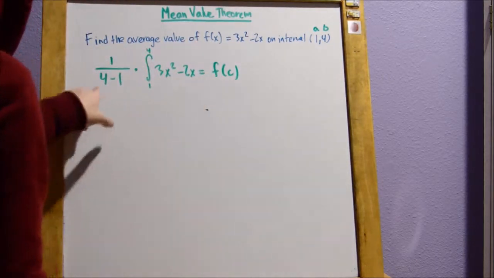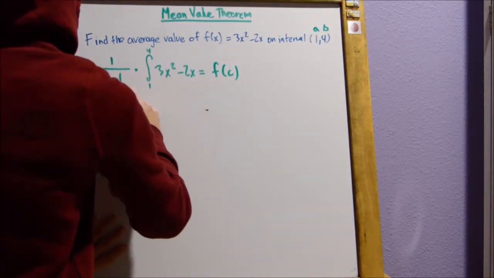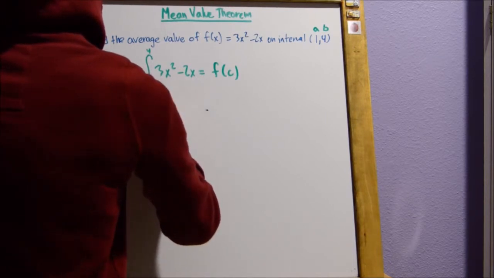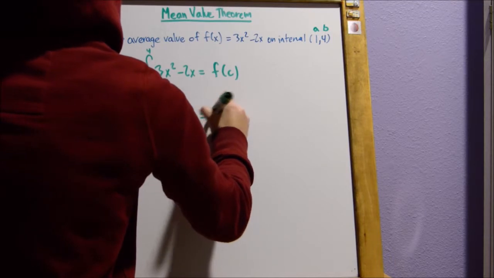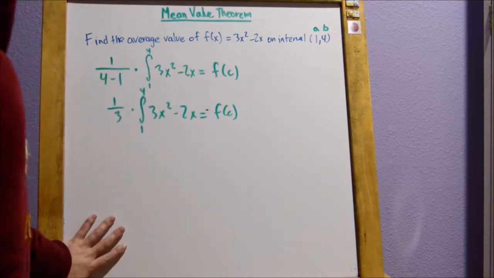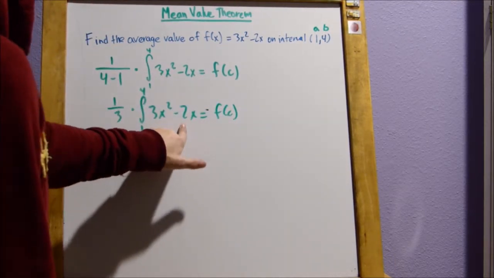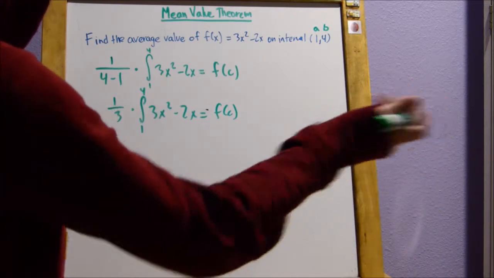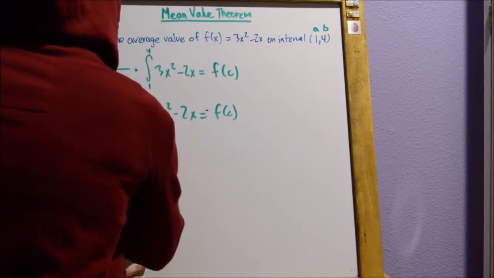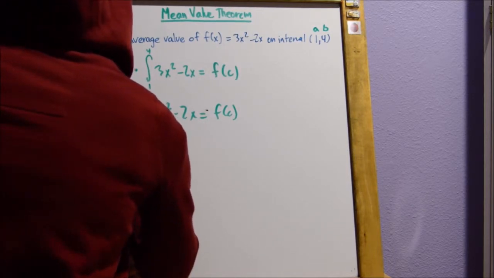So we can simplify this to be 1 over 3 times the integral from 1 to 4 of 3x squared minus 2x equals f of c. Now, you could just plug this into your calculator, but what we're going to use here is FTC Part 1. Yay! So, let's just take this 3 out in front.